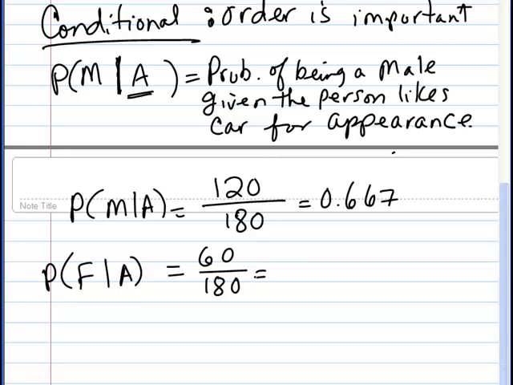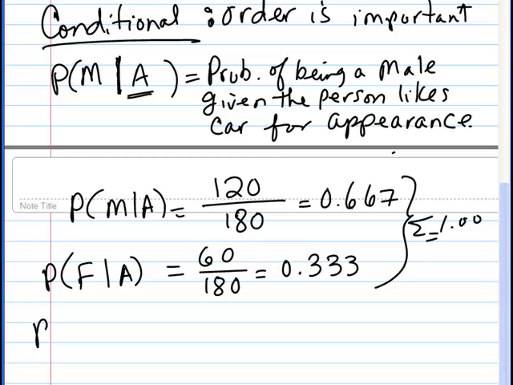And that number would be 0.333. And of course, these numbers add up to 1 because the denominator, or the subgroup, is comprised of 180 people, and the male and the female are the two subcategories of them. So they add up to 1.